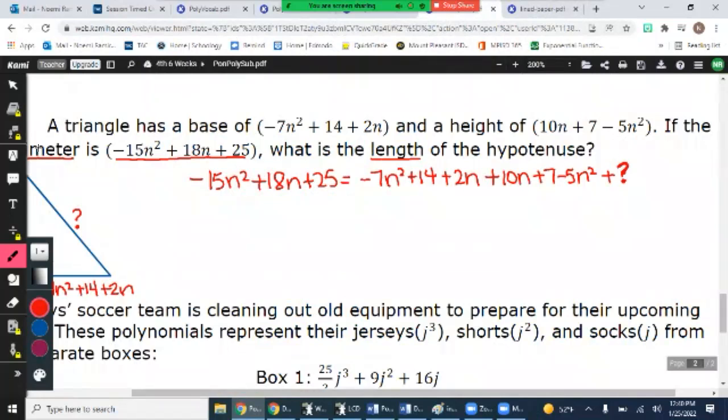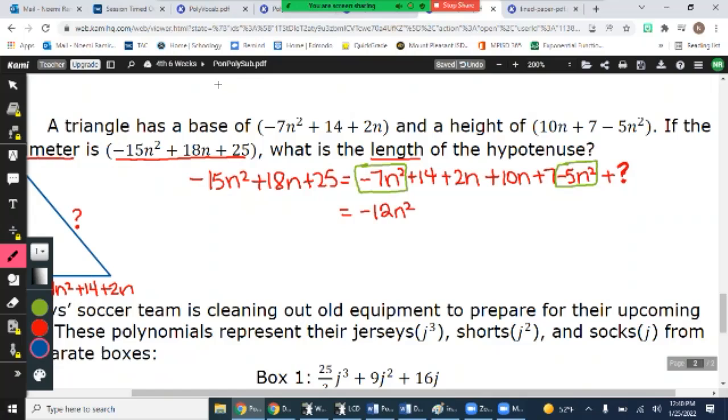We combine them. So let's figure out what we can combine. What can I combine with negative 7n squared? Negative 5n squared. Okay, what is negative 7n squared minus 5n squared? We're combining negative 7 minus 5n squared. What do we get? Negative 12n squared.